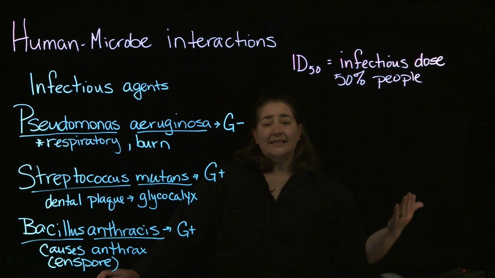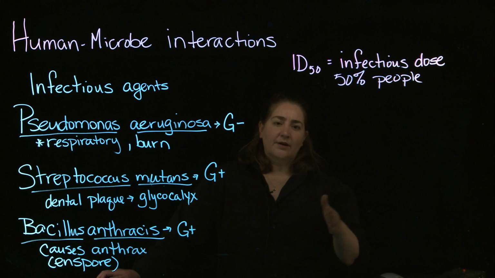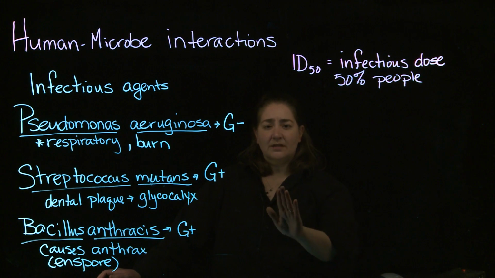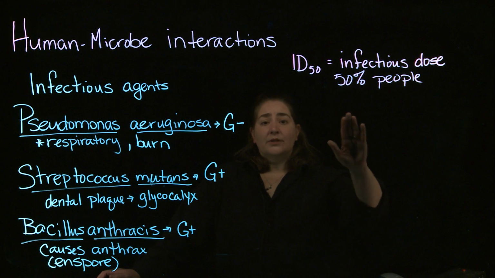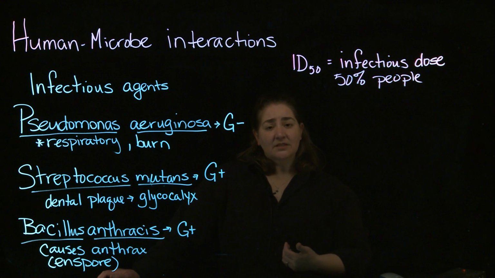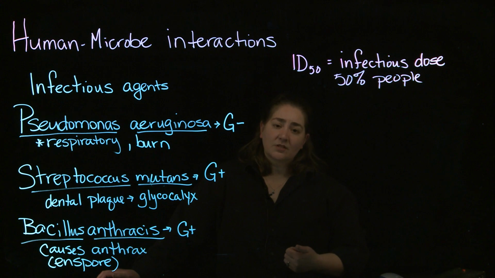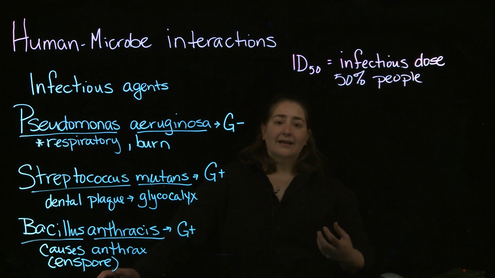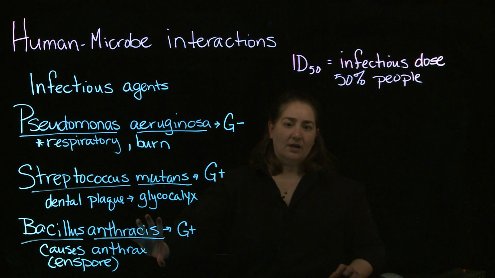In general, the digestive system usually requires a higher infectious dose. There are always going to be exceptions with various bacteria, but the benefit of your digestive system is the normal flora that you have associated with it. That normal flora kind of outcompetes something new that comes in.